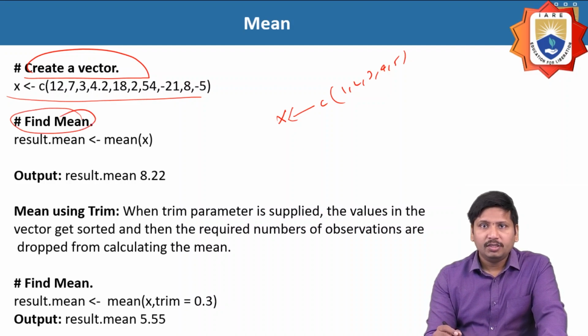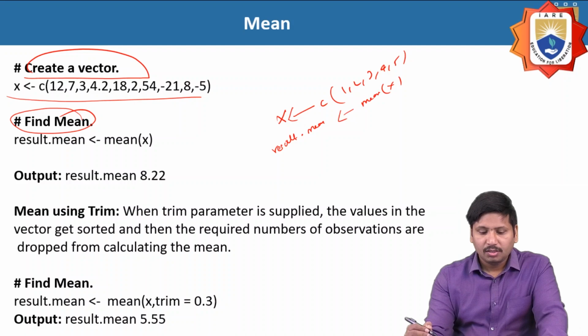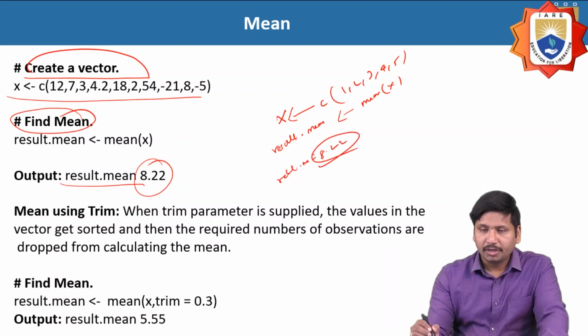So we have result.mean equal to mean of x, and this is the mean value I'm getting here.